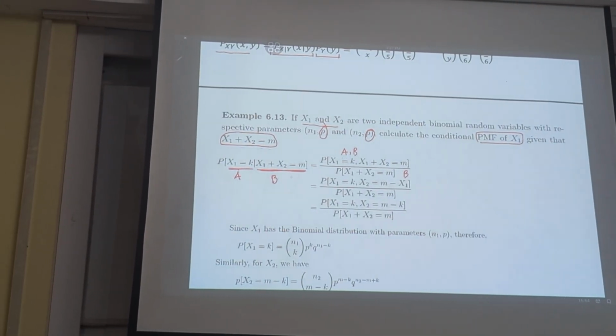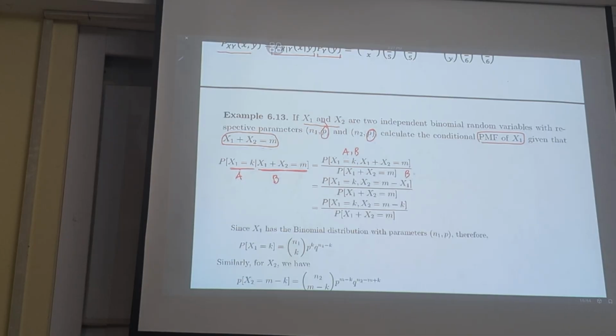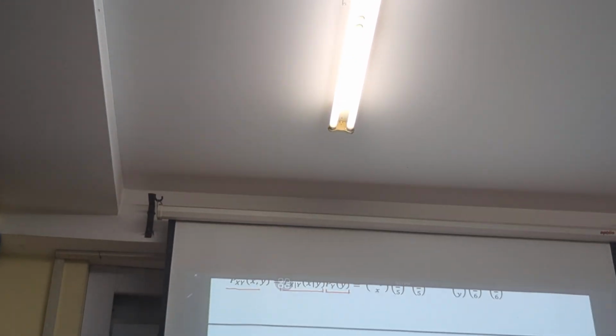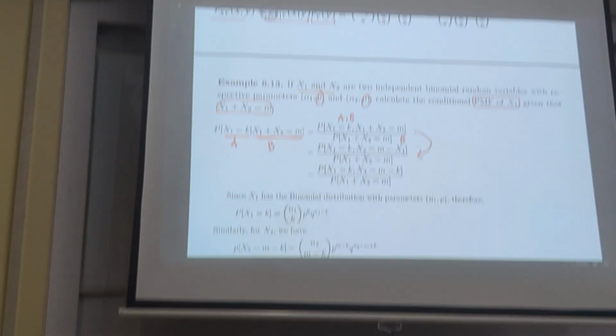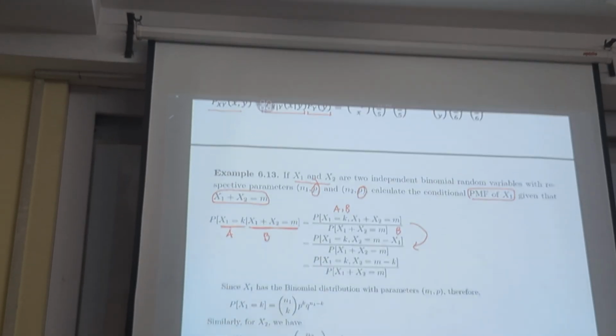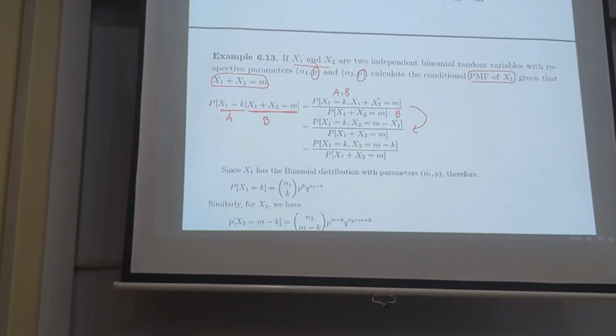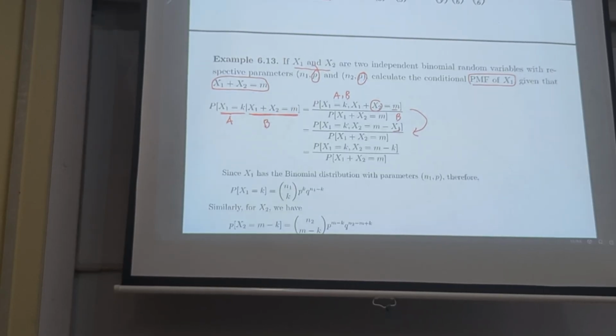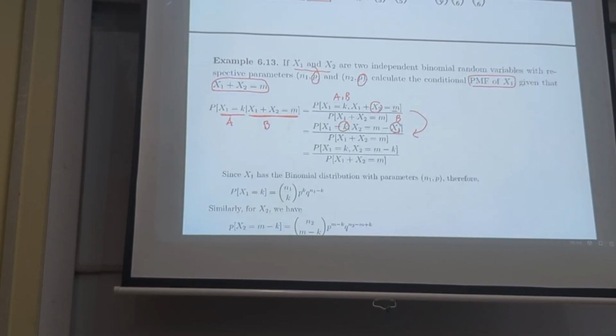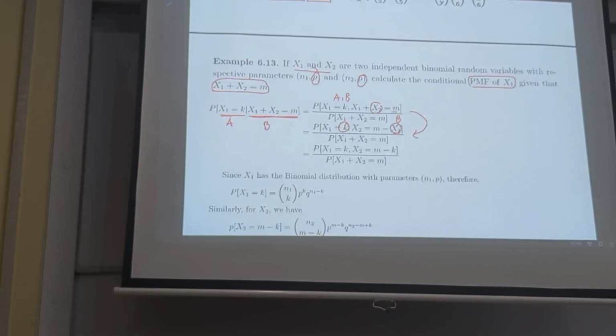So just applying the conditional probability, you get this line. Going from this line to the next is very simple. Since X1 is equal to k, X2 is equal to m minus X1, and we can replace X1 by k. So X1 is equal to k, X2 is equal to m minus k.